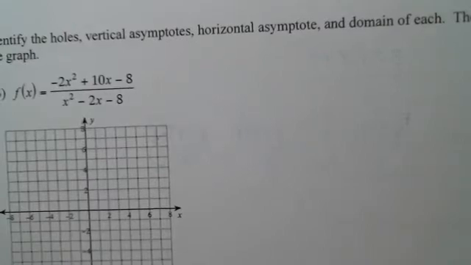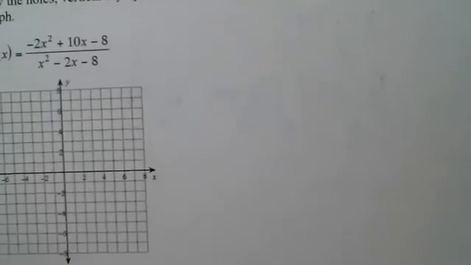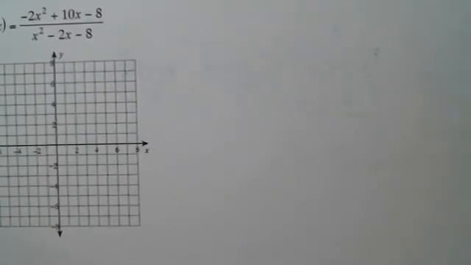And then somebody said 28. Did somebody say 28? Yes, sir. All right. So let's look at this. So we basically just factor everything, all right? The bottom, we factor a 3 out and we get x minus 2.